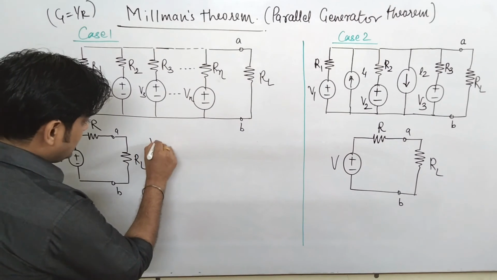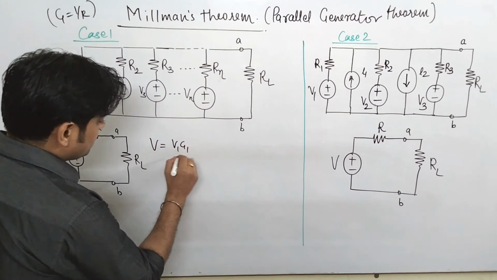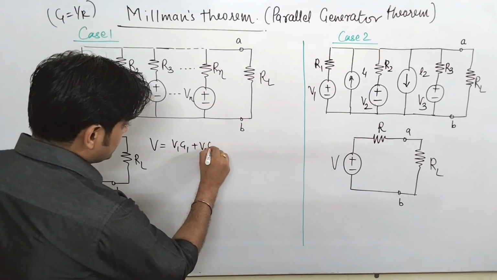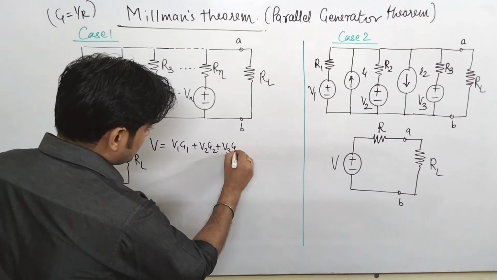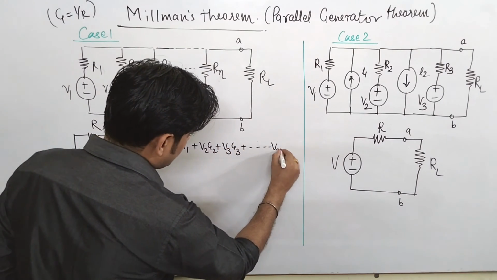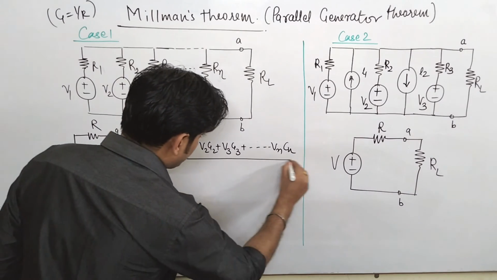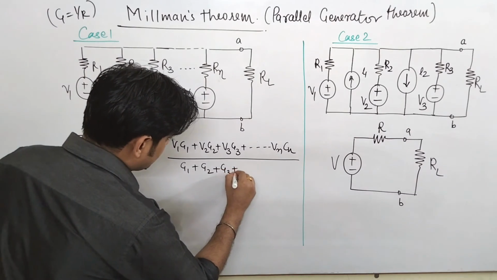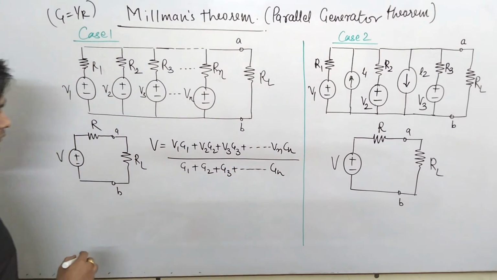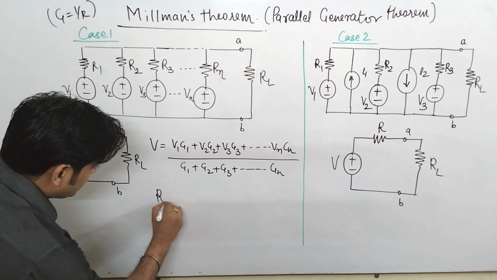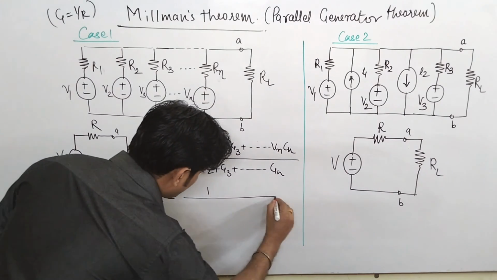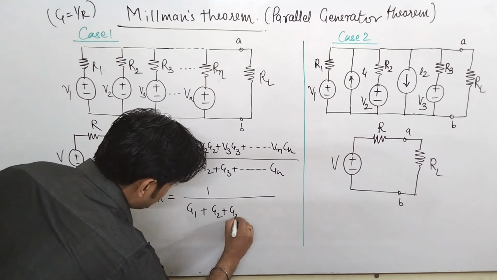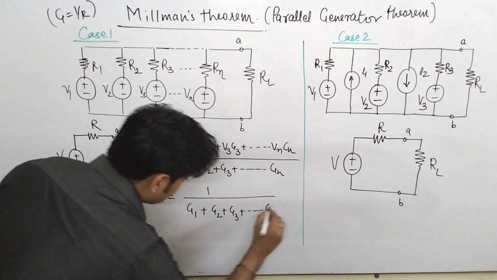So the voltage V is given by V1 G1 plus V2 G2 plus V3 G3 up to Vn Gn upon G1 plus G2 plus G3 up to Gn, where G is your conductance, 1 by R. This is your voltage V, and if you talk about resistance R, that comes to be a parallel combination of resistances, so we directly write R as 1 upon G1 plus G2 plus G3 up to Gn.